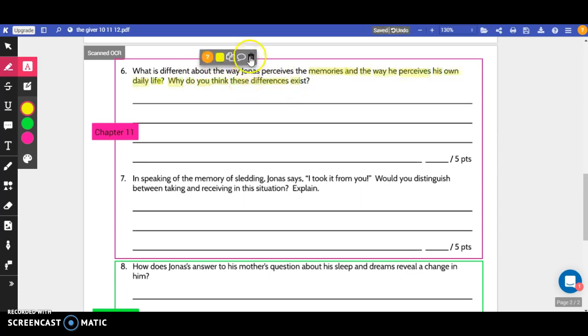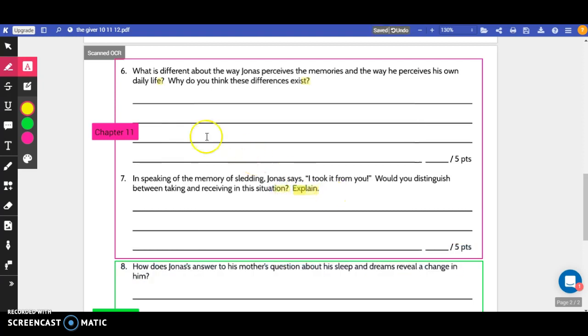So failure to do that will mean that you do not earn full credit. So 2 question marks there. Question 7 is also a two-part question. You need to say whether or not you would distinguish between taking and receiving, and you also need to explain your reasoning.